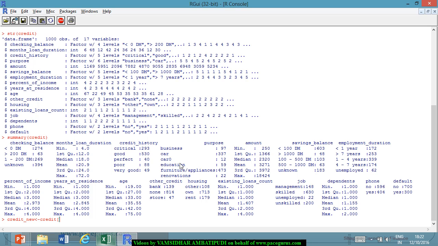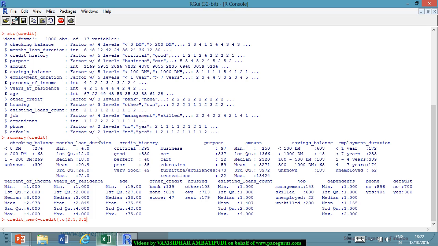All the numeric variables, I'll take them as it is. So all the rows I will take, and column-wise I will be taking column number 2, which is the monthly loan duration. 3 I will not take, 4 I will not take, 5 I am going to take, the amount, 6 I will not, 7 I will not, 8, 9, 10.